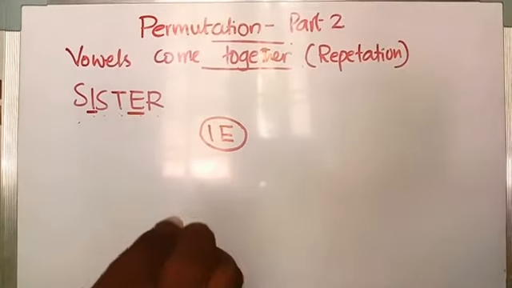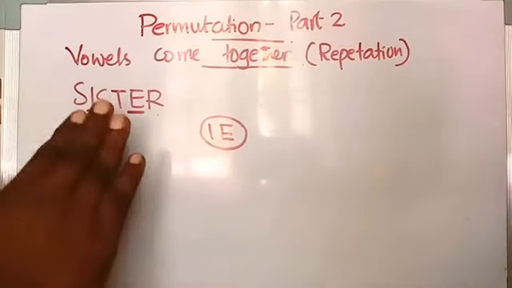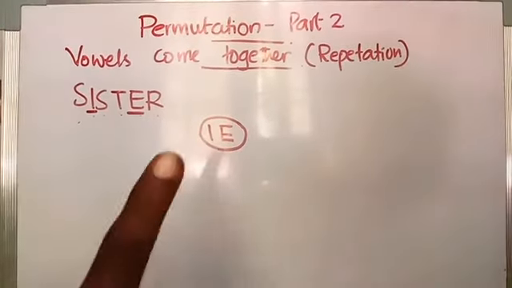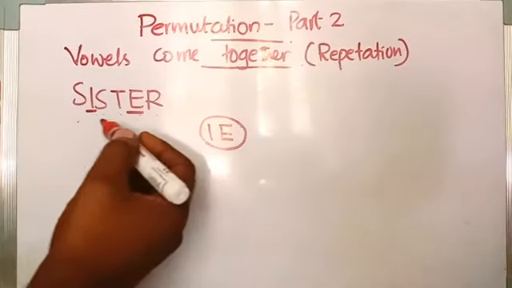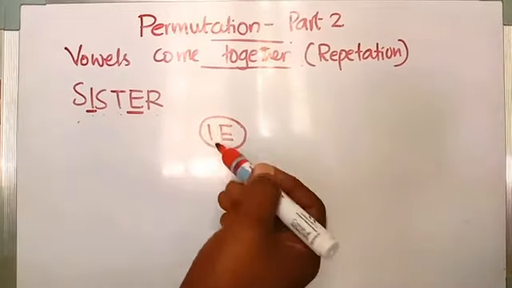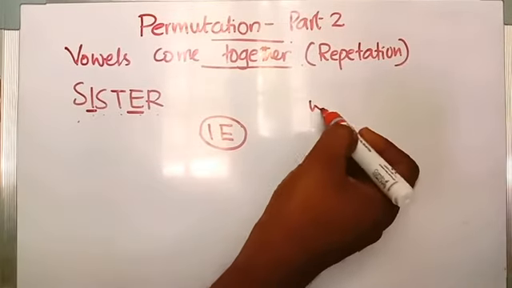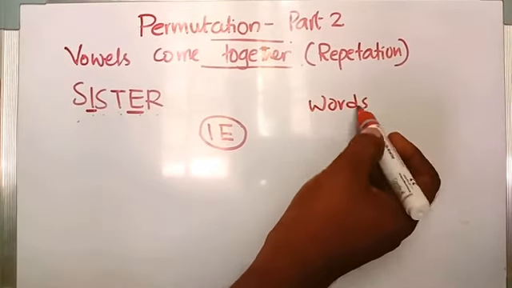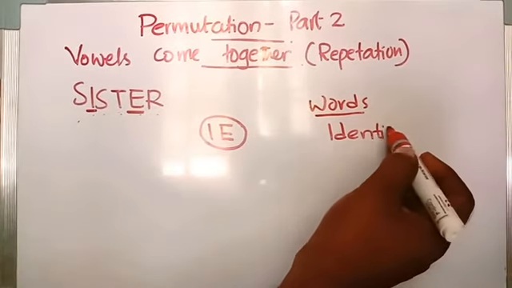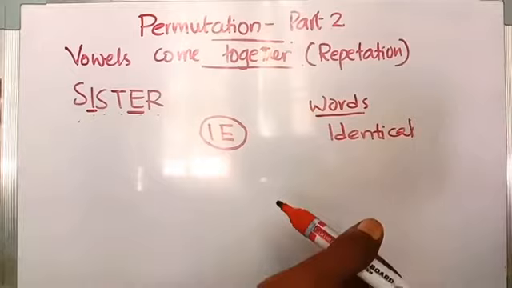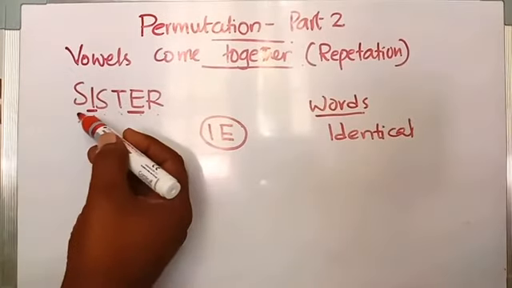All these have the same method that we use here, but there is one difference. Here we are discussing words. In case of words, we have to use the concept of identical. Here there are 2 S's.